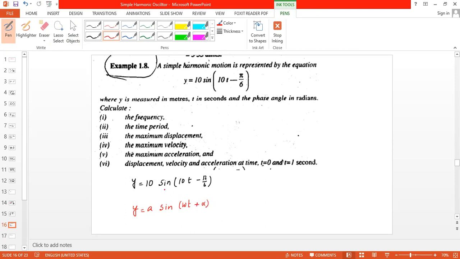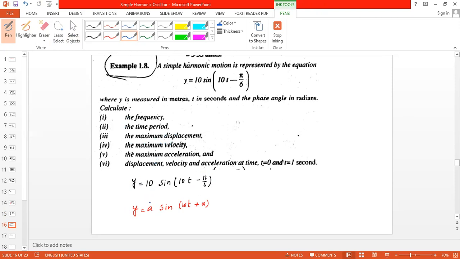If you compare both of them, you will see a is equal to 10. Here, if you just compare these two equations, this is the general equation for simple harmonic oscillation, and this is the simple harmonic oscillation of a particular object.